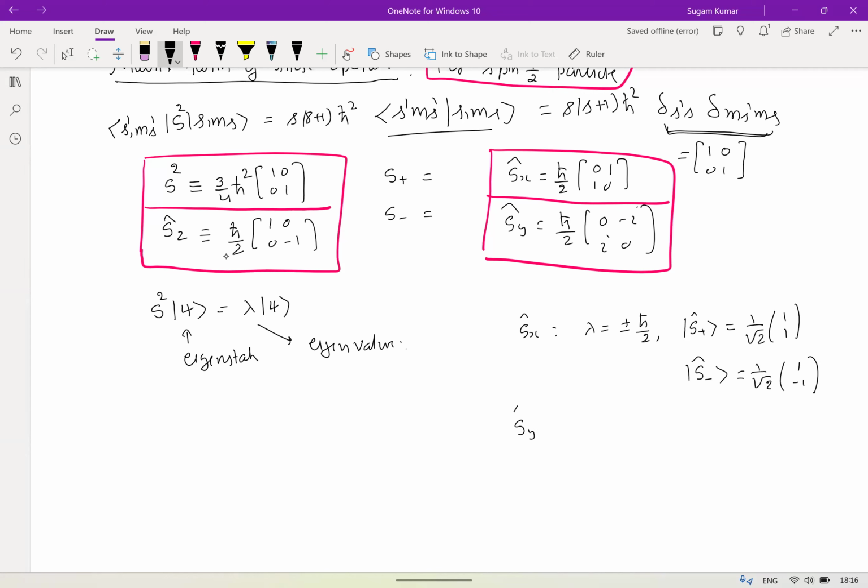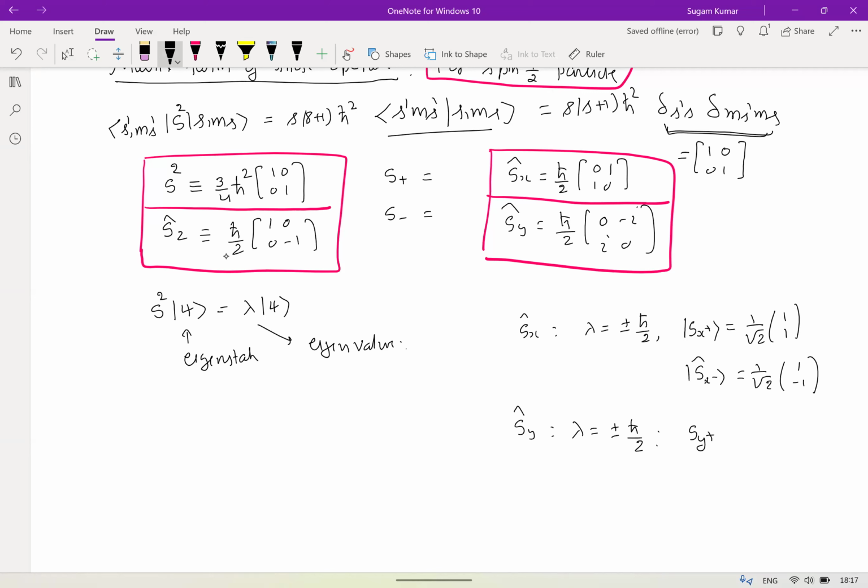Similarly, when you look for the Sy, again the eigenvalues are plus minus h cut by 2. I'm using notation like this, Sx plus and Sx negative.